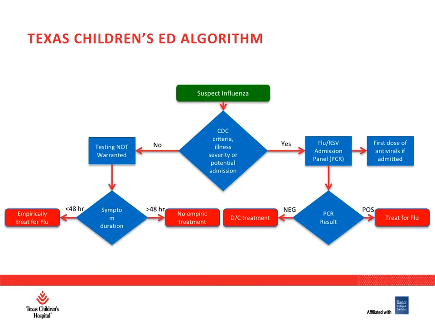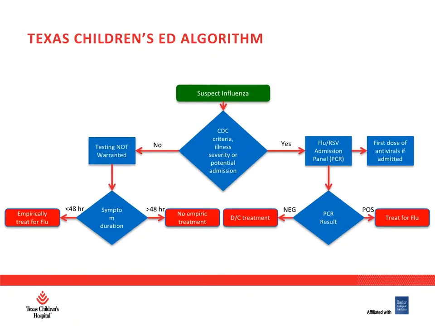Now, on the other hand, if those patients do not meet the criteria, if they're not going to be admitted, if they don't meet the CDC criteria for those at high risk for complications due to flu, then those patients really shouldn't have testing. They should be managed more on a symptomatic basis. So testing isn't warranted for those patients.